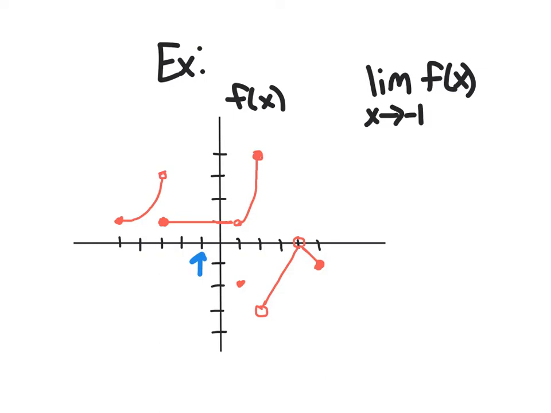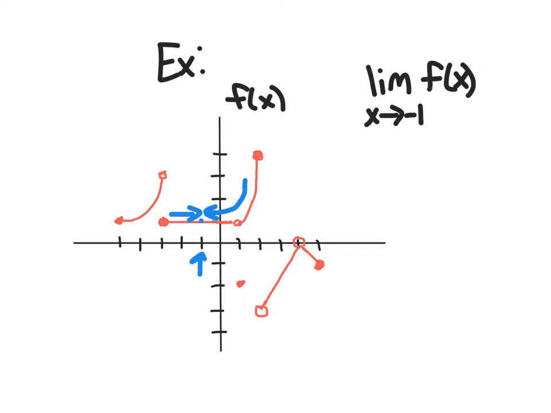We want to look at what is happening as we approach -1. If we're coming in from the left, or if we run down this slide and come in from the right, we notice in both cases that our y value is approaching 1. And it's also the value we get when we actually plug in -1 here.